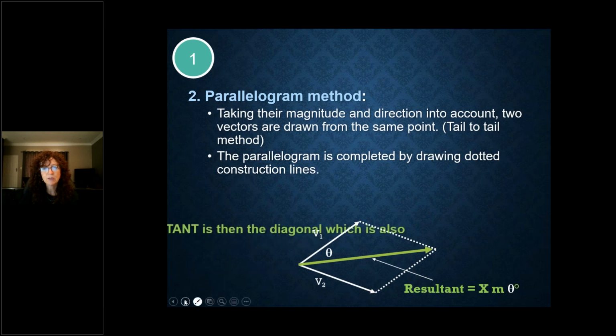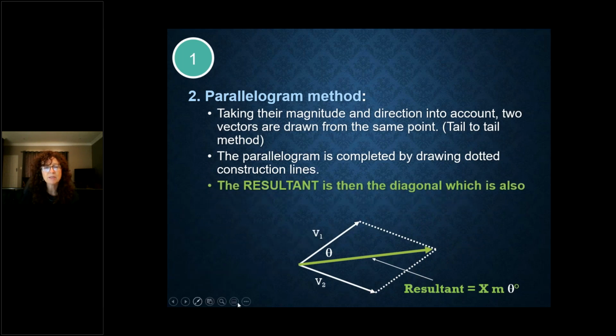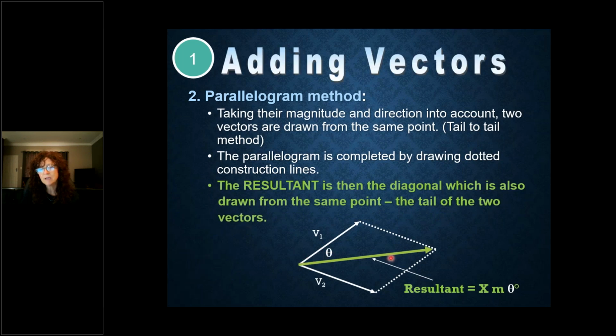The resultant is then the diagonal between the two, from the same point, the tail of the two. As you can see, these must be parallel to these. Make sure that you do know that.